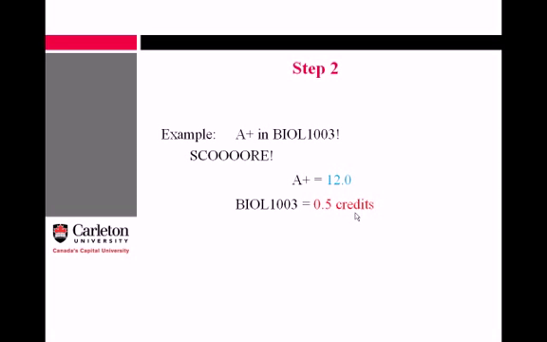So step 2 dictates that you multiply 12.0, the number equivalent of the grade, by 0.5 credits, the credit value of the course. That equals 6.0, which is your conversion value.